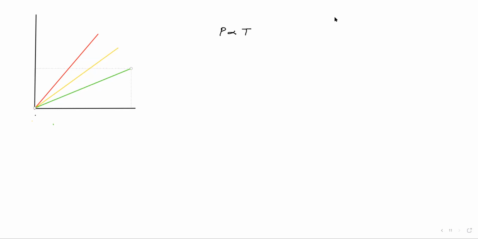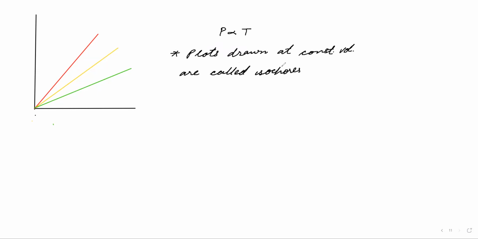And what is constant here? Constant here is volume. Plots drawn at constant volume are called isochores. V1, V2, V3.